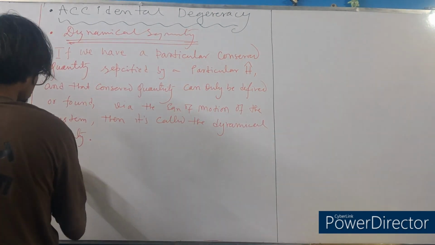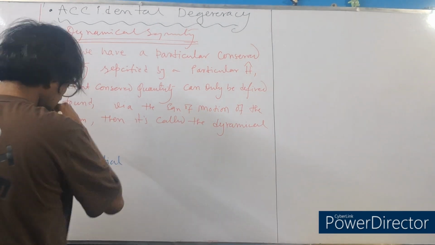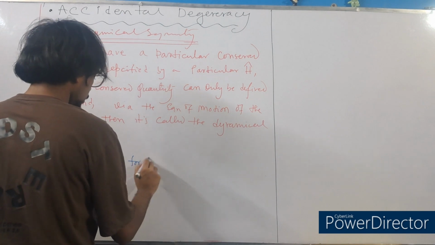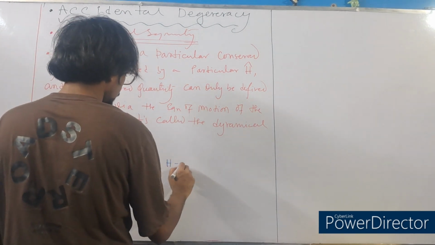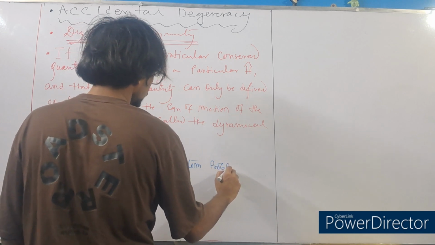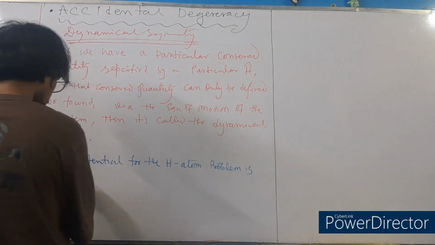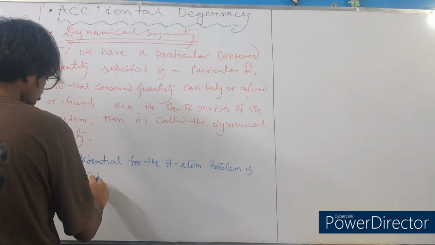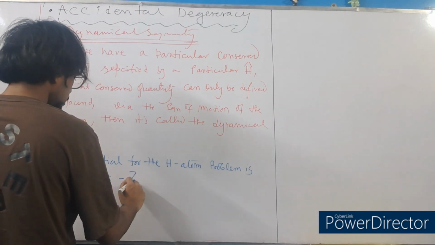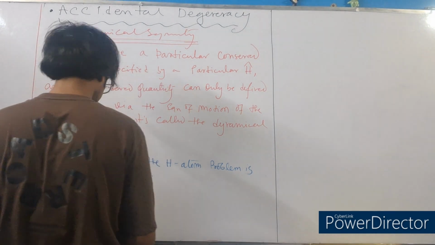The potential for the hydrogen atom problem is V of r equals minus Z squared by r, we know that.